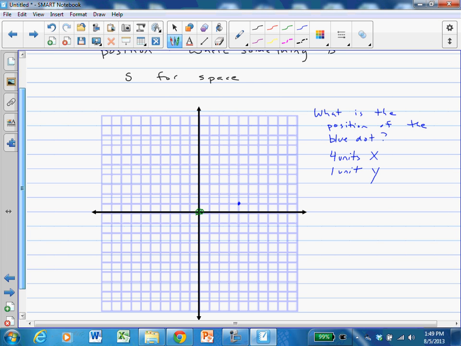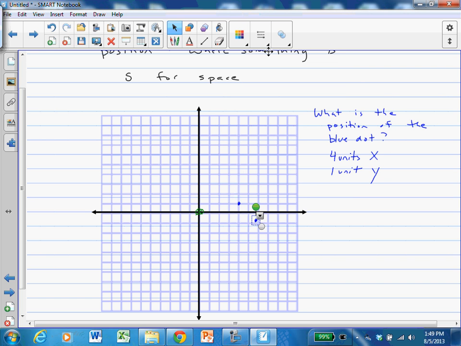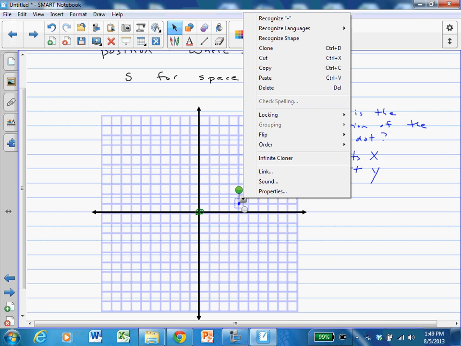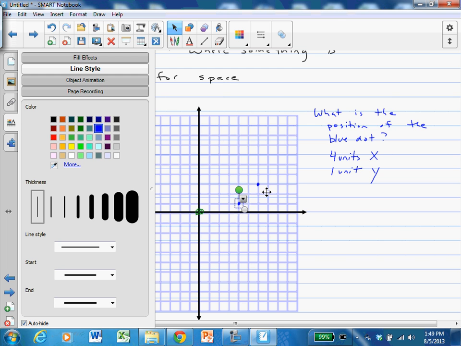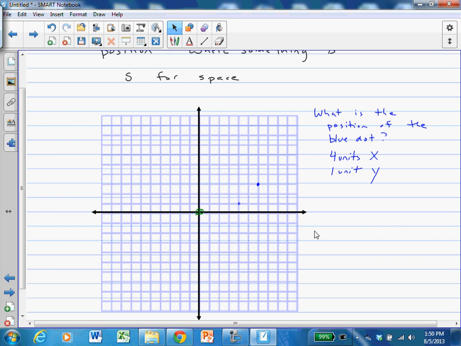Now what if this dot changes its position? Say up to there. So now it's no longer there, but it's moved from there to the new point there.